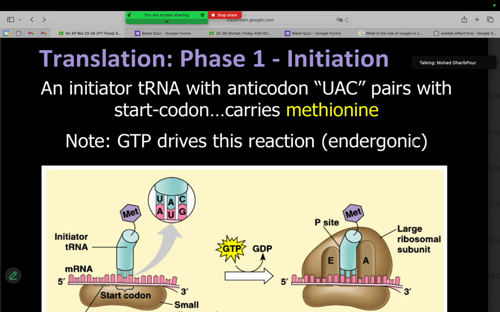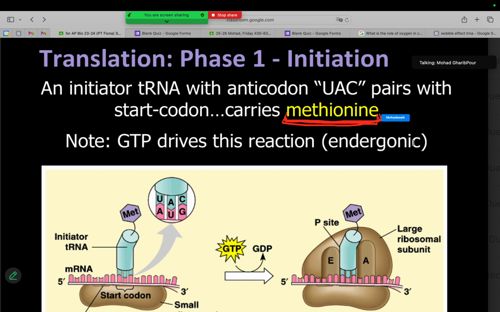Okay, let's look at this in stepwise detail. An initiator tRNA with anticodon UAC pairs with the start codon and carries the methionine. So remember, we said this is always the start.